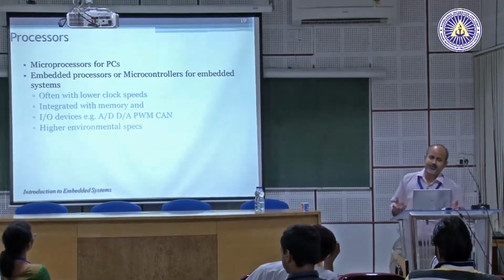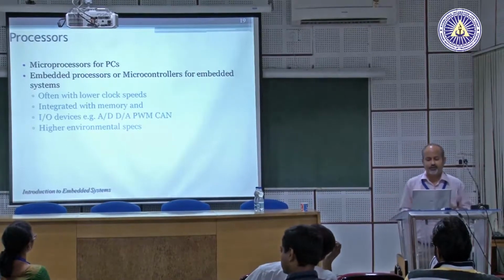Oftentimes these processors can be very simple if your embedded system is supposed to do very simple computation, whereas if it is supposed to do a large amount of computation, like power estimation in a grid, then you are going to have almost general purpose or better than general purpose machines.